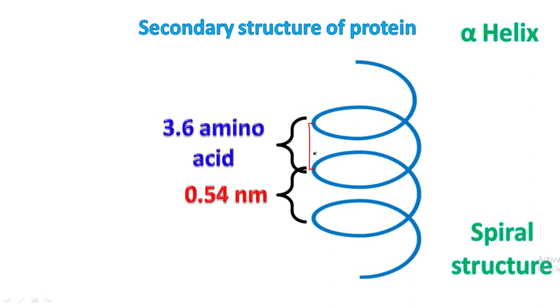So from this point to this point, on average, 3.6 amino acids reside. And what is the distance? It is a very small distance, 0.54 nanometers. So the average distance from this point to this point in this spiral alpha helix structure is about 0.54 nanometers.